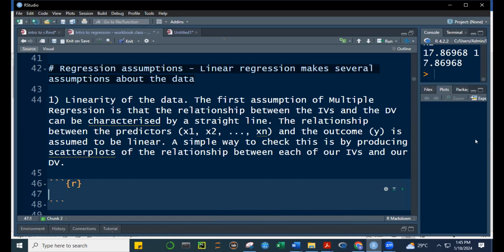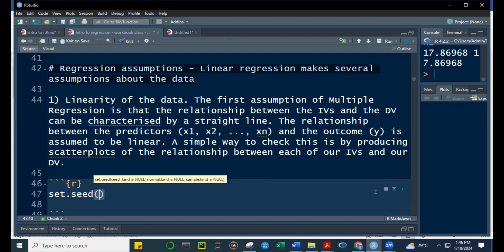So we will simulate data, class, and see what happens if x and y are not linearly related. There is a function in R called set.seed.